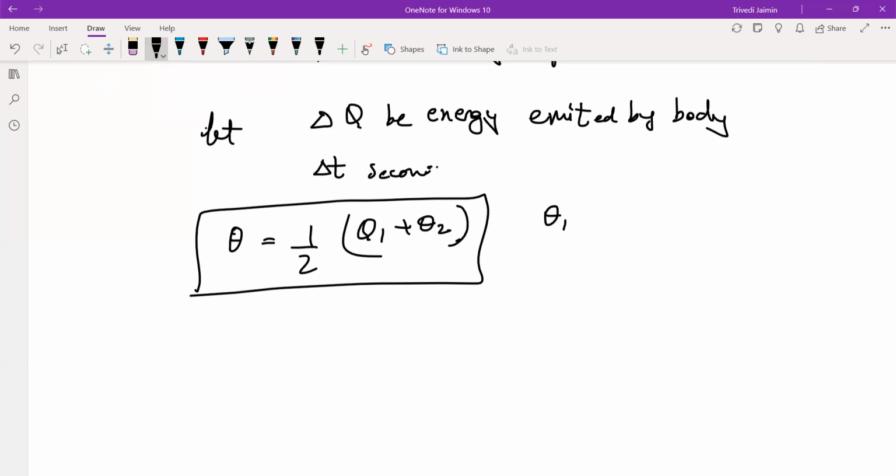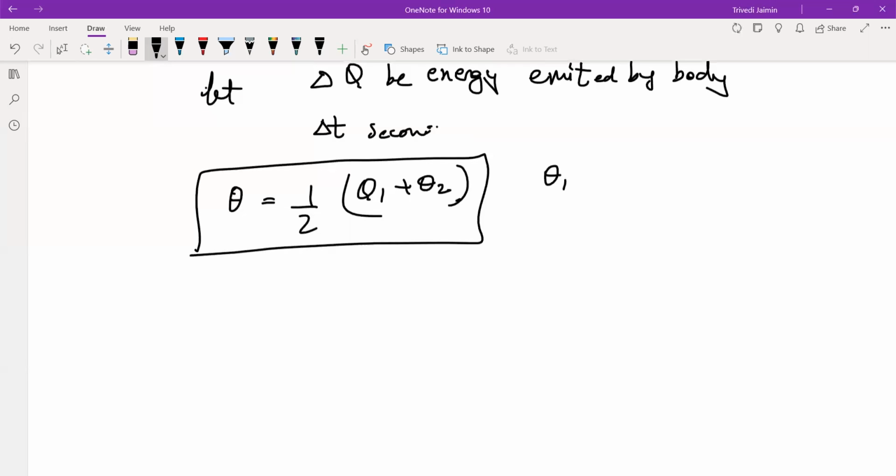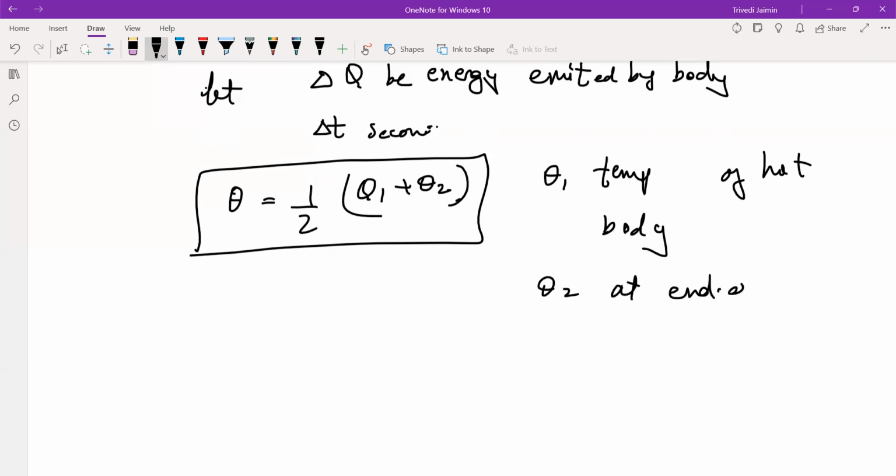Either way, it will be the same. Now suppose theta 1 is the temperature of the hot body and theta 2 at the end of the interval.